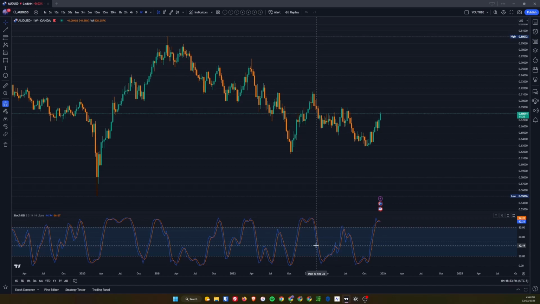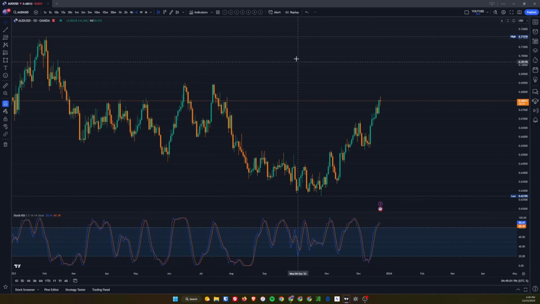So whenever you analyze a chart, always make sure that if you're gonna enter a trade, there's more than one confluence. There's supply and demand and stochastic and moving averages and trend line. The more confluences and methods of analysis that you combine, the greater the chance you're going to be right. So that's the simple overview of how to look at stochastic RSI.